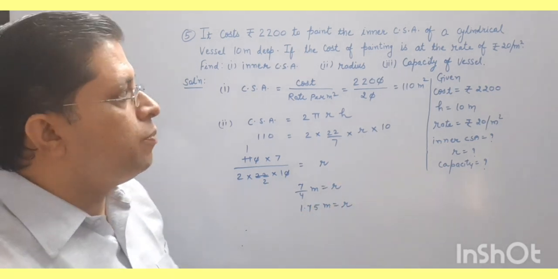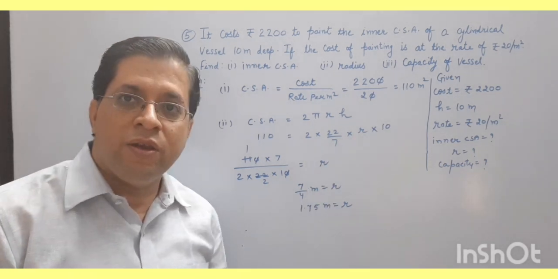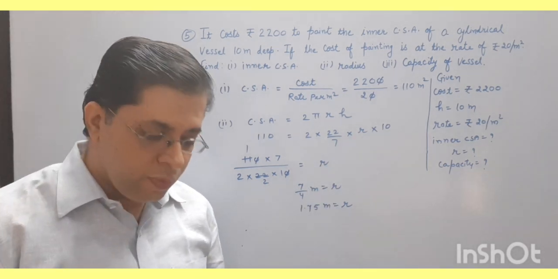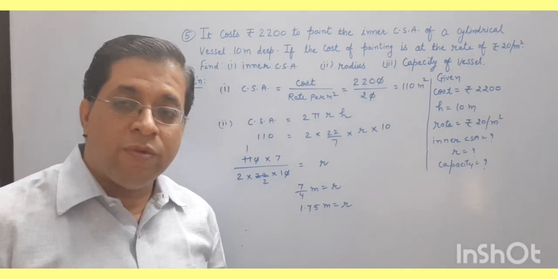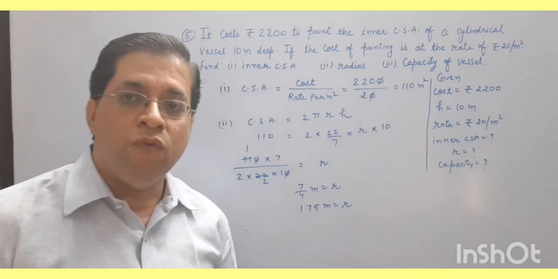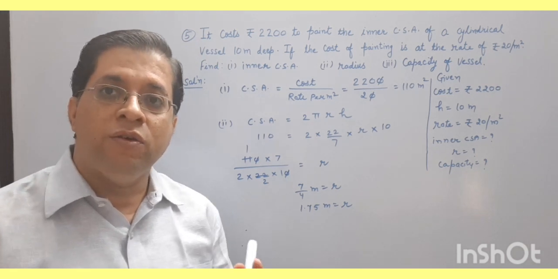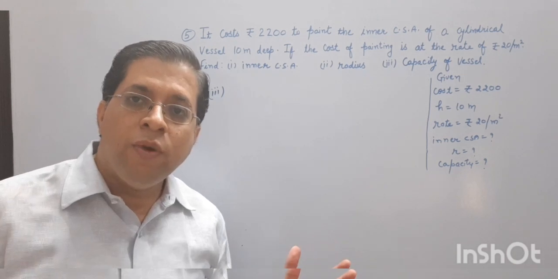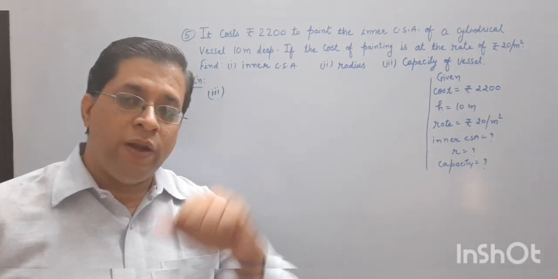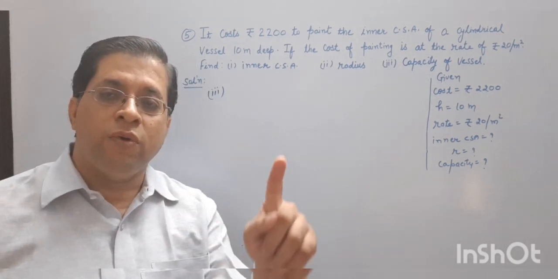Now what is the third point? The third point is the capacity of the vessel. How can we get it? Capacity means first of all we have to find out its volume. And what is the volume of a cylinder? The volume of a cylinder is pi r square h.